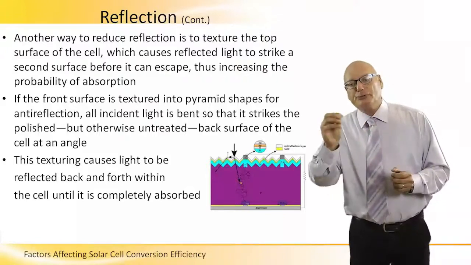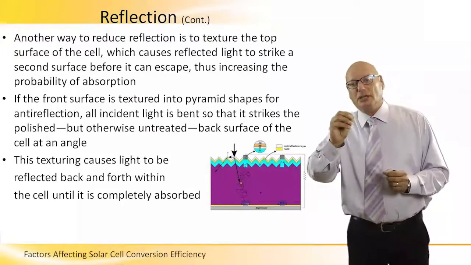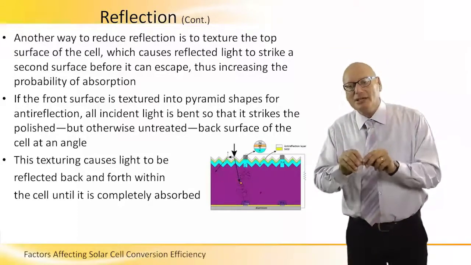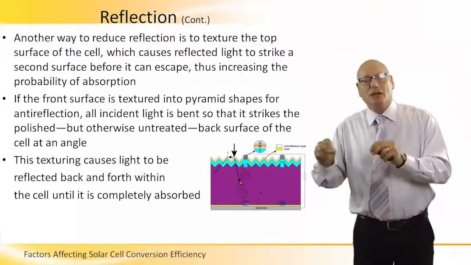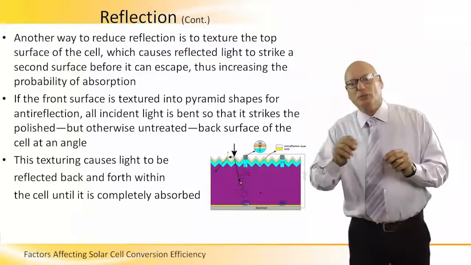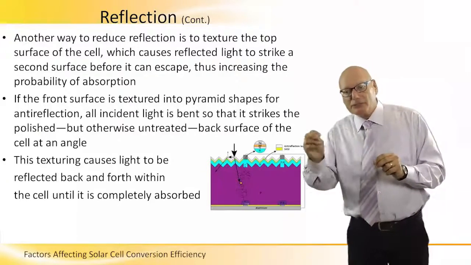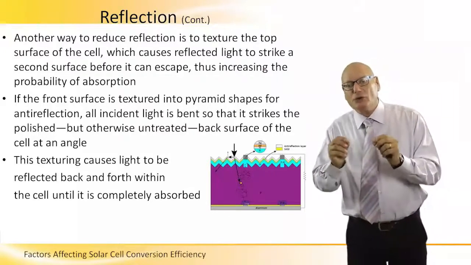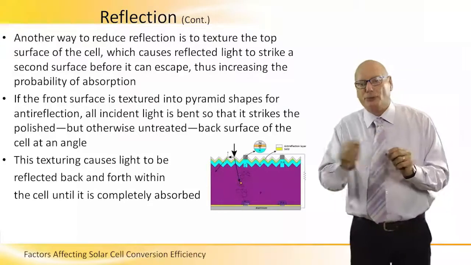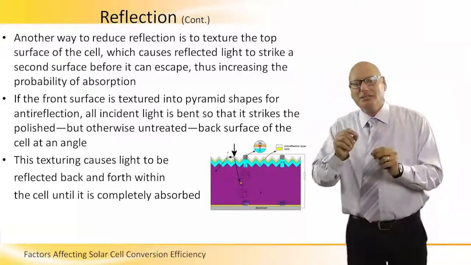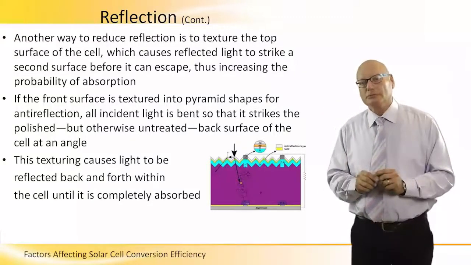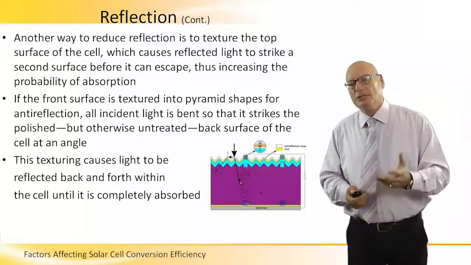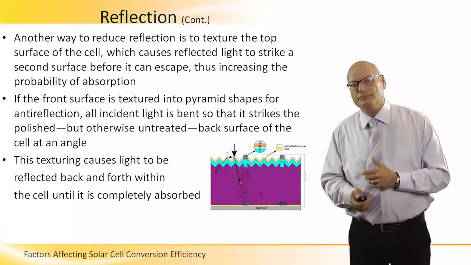If the front surface is textured into pyramid shape for anti-reflection, all incident light is bent so that it strikes the polished, but otherwise untreated, back surface of the cell at an angle. This texturing causes light to be reflected back and forth within the cell until it is completely absorbed. It's a very, very interesting technique, now mostly used in major panel manufacturers.